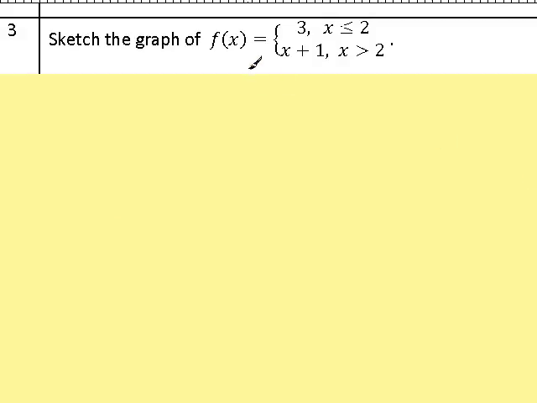Number 3, we want to sketch the graph of this piecewise defined function. So we're going to sketch the graph in two pieces, first to the left of 2 and then to the right of 2. So here we have a little grid. Now for x less than or equal to 2, we just have a horizontal line at height 3. So that would be here going up to 2.